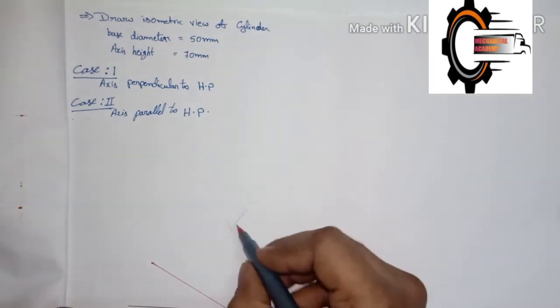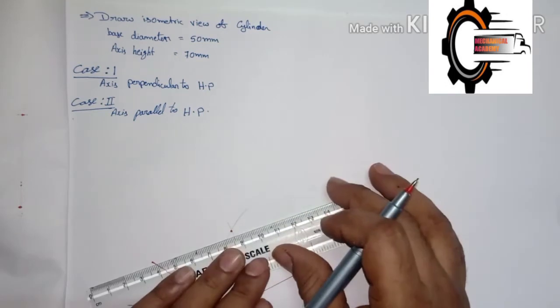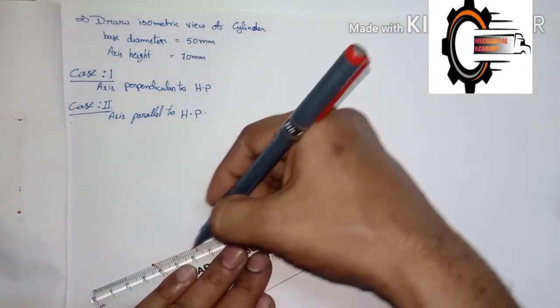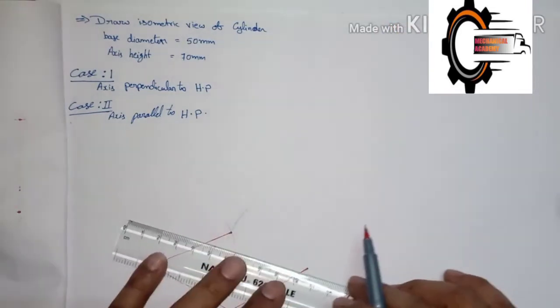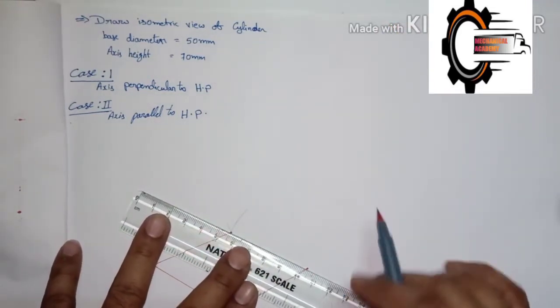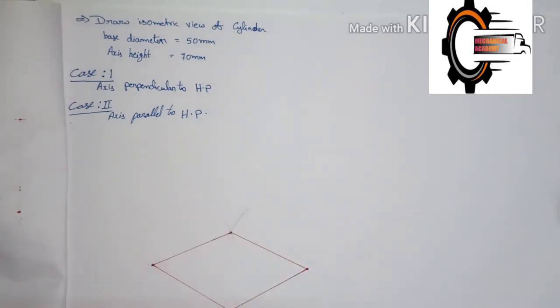So this is the point. Now join this point with the other points. So this is our rhombus.